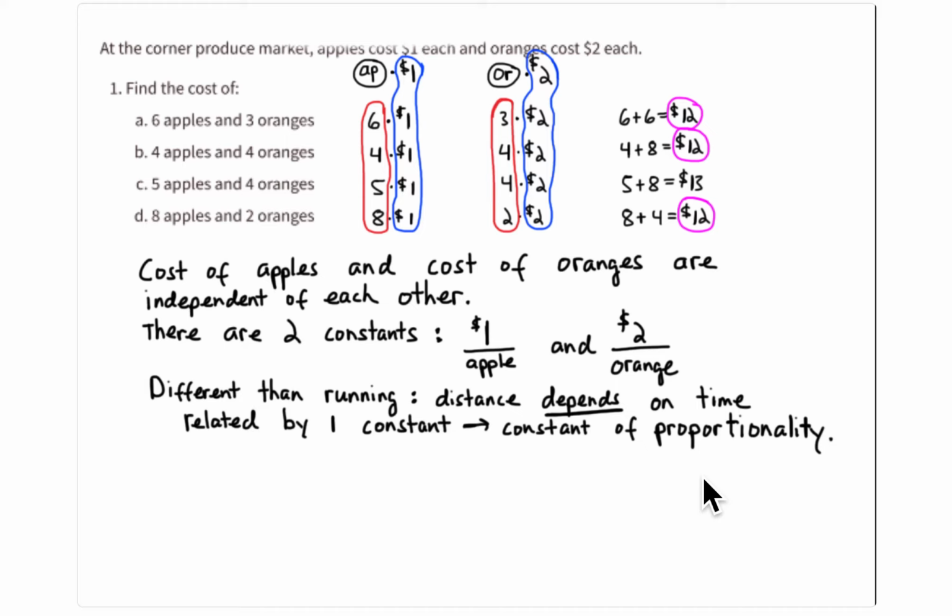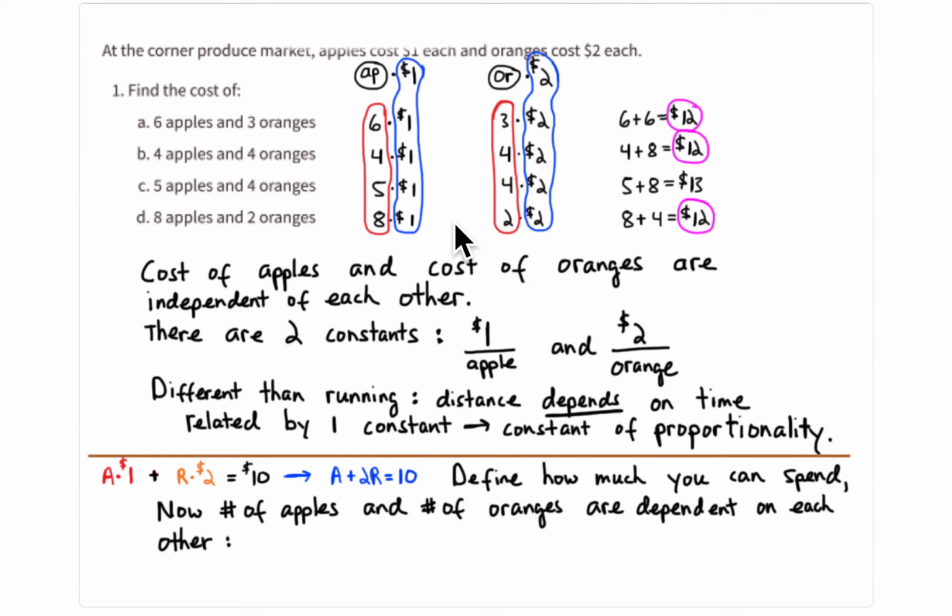There is a dependence. Whereas what we just looked at, there's an independence. There's not a relationship between the two costs, apples and oranges. Now, we did add the idea that you can spend exactly $10. So that is a constraint. You have to add to this problem that you have to spend exactly $10.